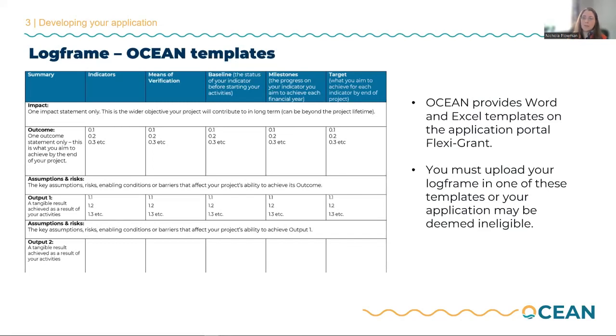We want to make the assessment process very fair, so we ask that you use the same template so that the Ocean Expert Committee has a fair way of assessing the quality of your proposals. It's also really important not to leave this to the last minute, because it is one of the key things that the committee will use to assess your application, as it really outlines all of the details of how your project works.